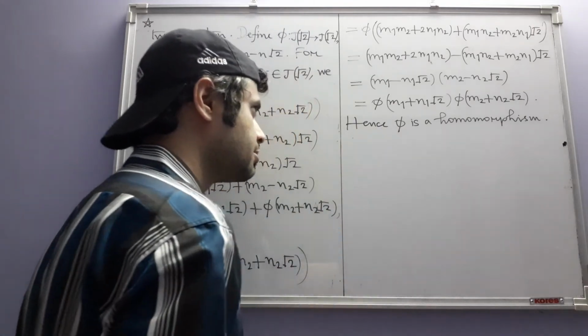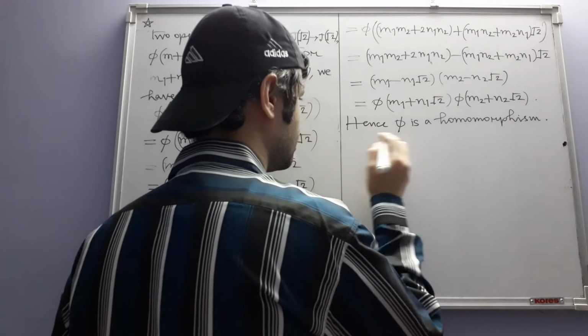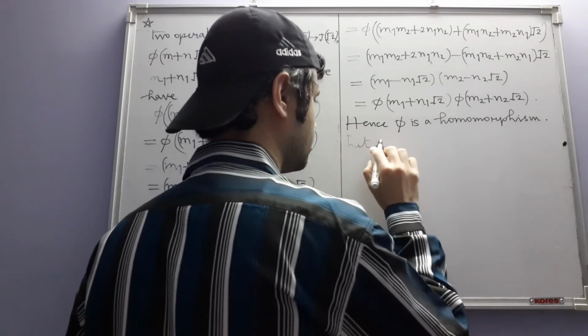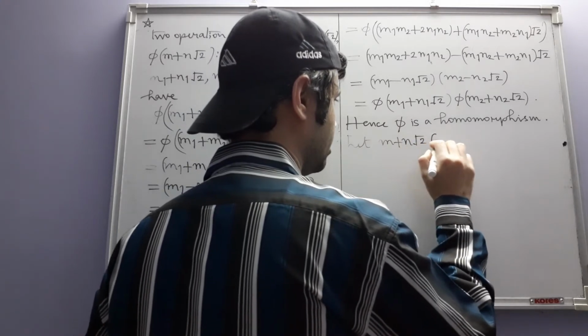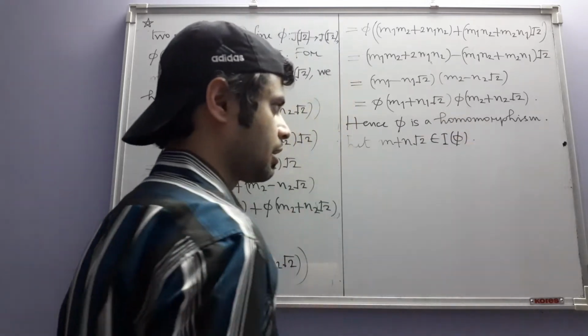Should I do this? Okay, let's do it. Since we are working out this whole thing, let's do this one also. Let m plus n root 2 be an element in the kernel of phi.